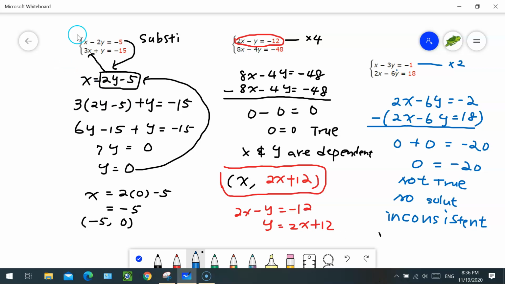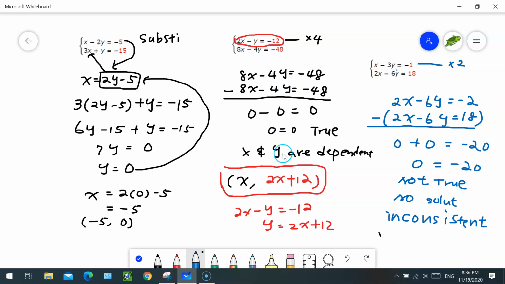So when you have a system of linear equations, you can go with either substitution or elimination. If the result gives us particular numbers to represent x and y, you will have a particular solution, and that's most of the time what we are looking for.